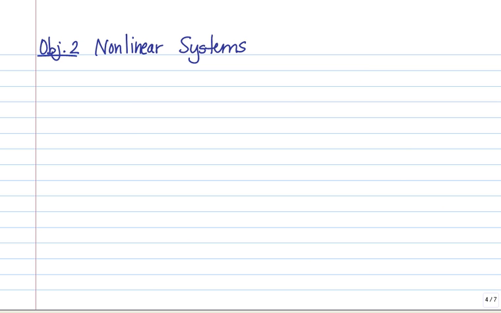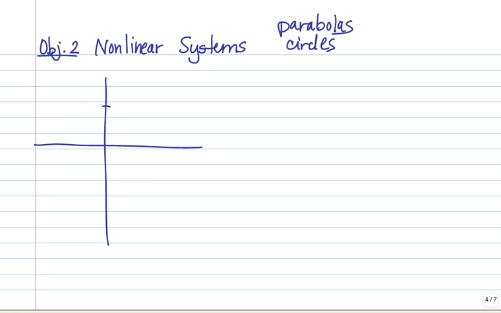Now, let's talk about nonlinear systems. Nonlinear systems are going to possibly have a line in there, but you're going to deal with nonlinear things like parabolas or circles. Absolute value equations, anything like that could be found in here. So you might have, just to get a picture, a circle for one of your equations and a line.